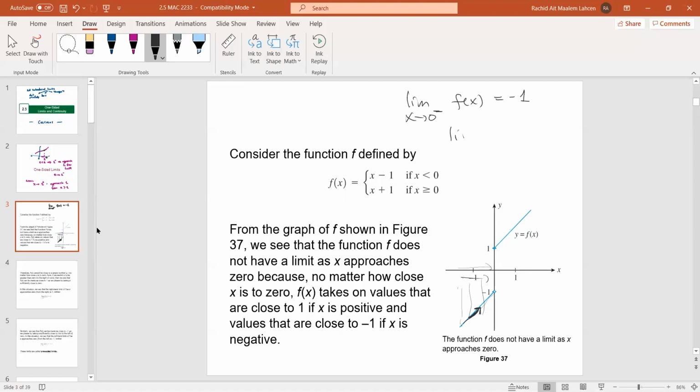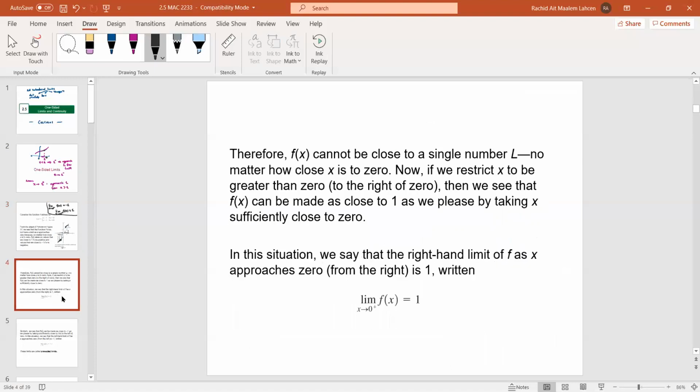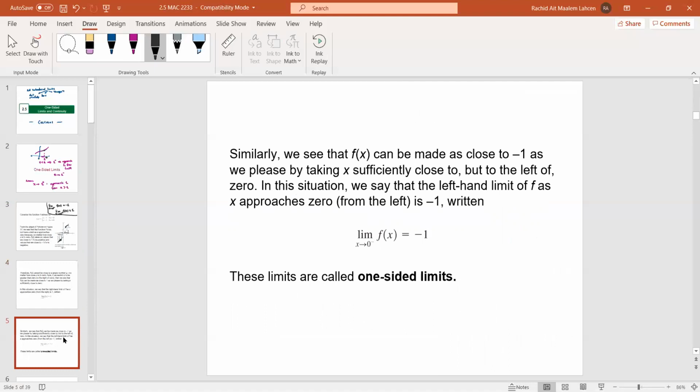And if you do the limit of x from the right side, with x going this way, if you project over the function as you keep going, here it's going towards 1. So it's not going to the same limit from the right and the left. This is what's explained here.